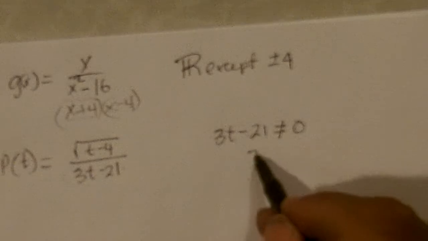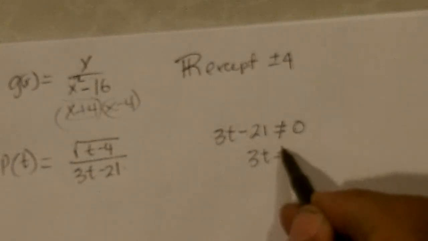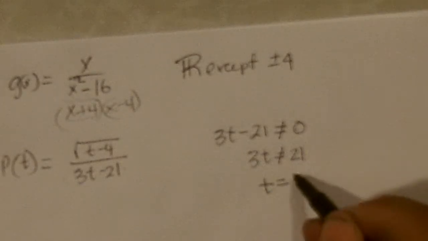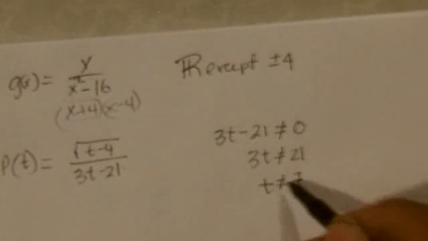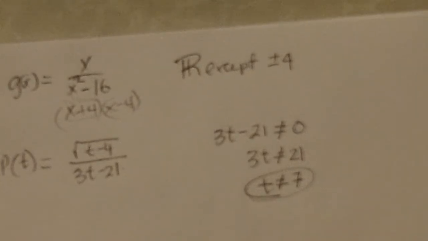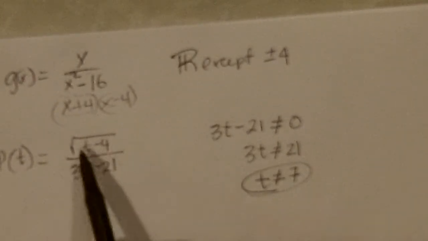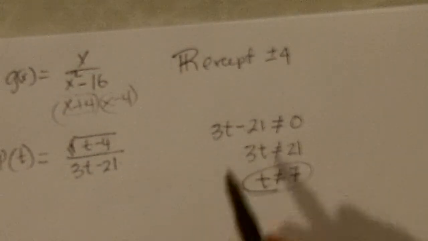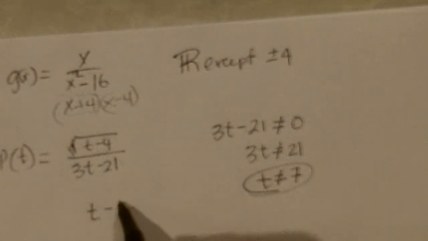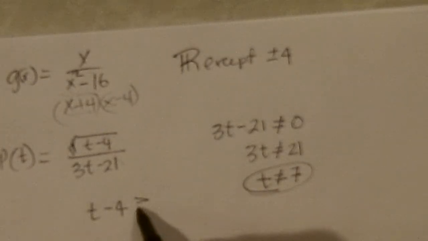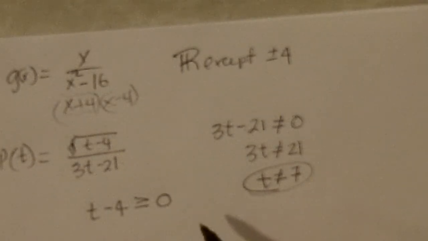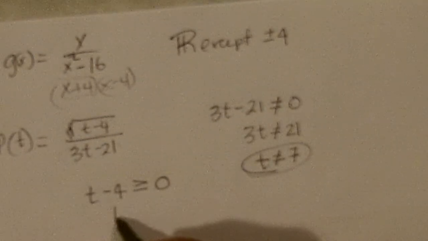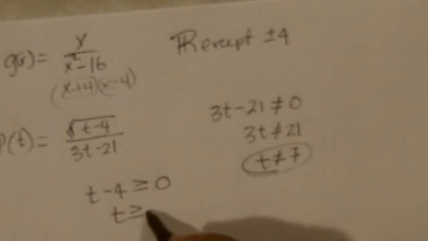Add 21 to both sides. 3t cannot equal 21. Divide by 3. T cannot equal 7. That's one restriction. The other restriction, I cannot do the square roots of negatives. I can do 0 and positives. So t minus 4 can be greater than or equal to 0, just not less than 0. So if I add 4 to both sides, I get t has to be greater than or equal to 4.